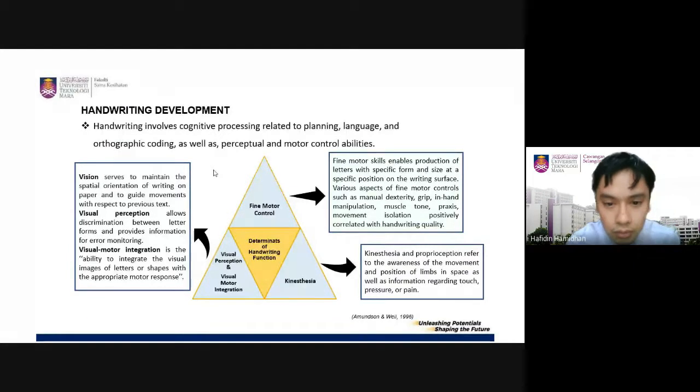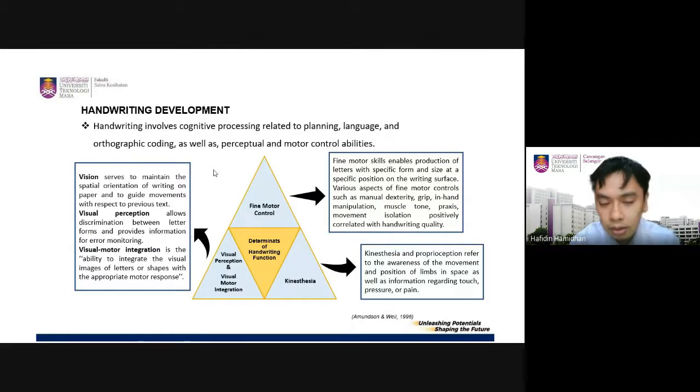Fine motor control, ataupun fine motor skills, melibatkan grip, muscle tone, praxis, in hand manipulation dan movement isolation.